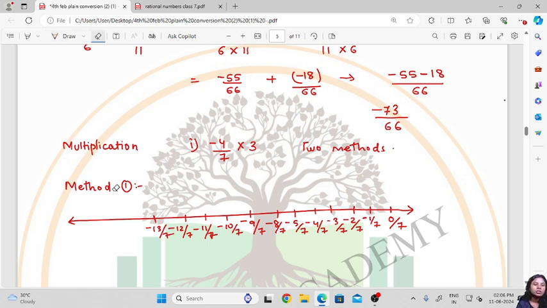This much is enough for us. Say this is our number line.